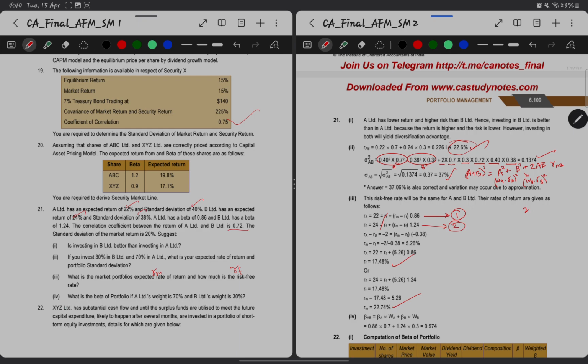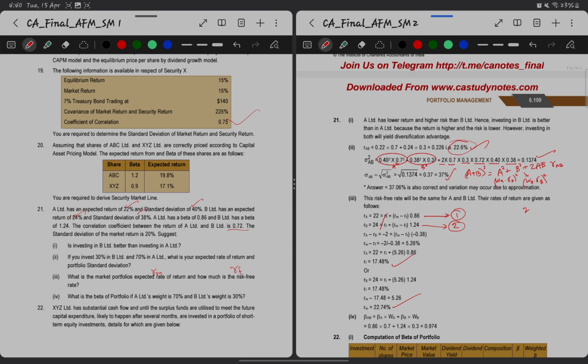The fourth requirement is, what is the beta of the portfolio if A's weight is 70% and B's weight is 30%. As we have previously discussed, beta is the sensitivity of the returns towards the market return. So beta will be a fixed variable for all the returns, which is nothing but the sensitivity.